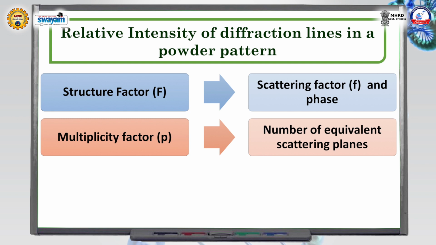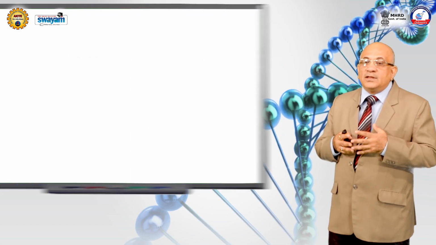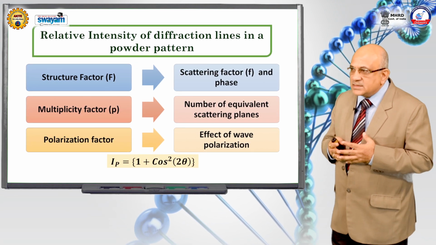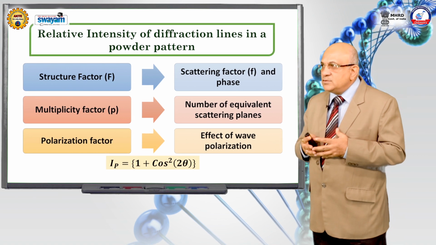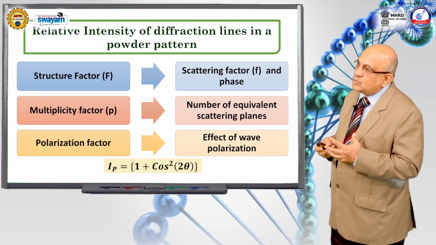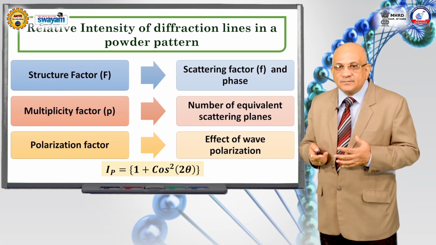You need to understand what is called the polarization factor, and that is given by the equation below, where it is a function of theta. So, these affect the intensity of the reflection from individual HKL planes, and one has to know this if you want to do a quantitative analysis of your X-ray diffraction intensities.